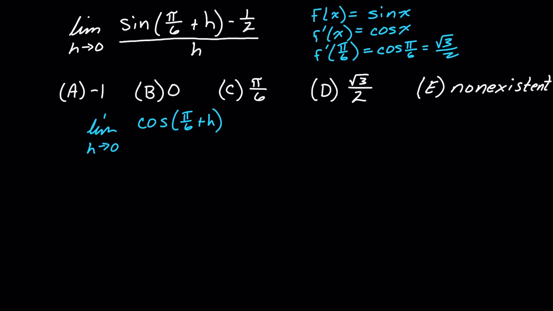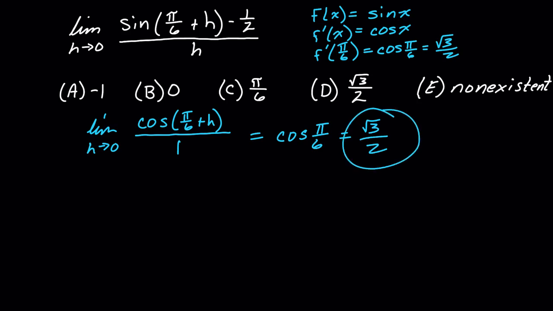Derivative of a half is 0. In the denominator, you have derivative of h, which is 1. So now, when you plug in 0 for the h, you end up with cosine of pi over 6, which we know is root 3 over 2. So we can also work out this definition of a derivative or difference quotient problem using L'Hopital's rule. It also applies in this situation.